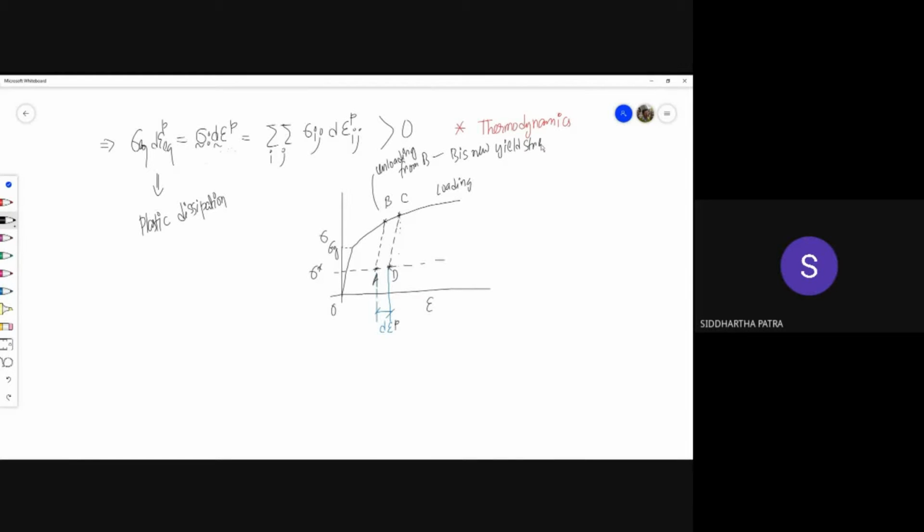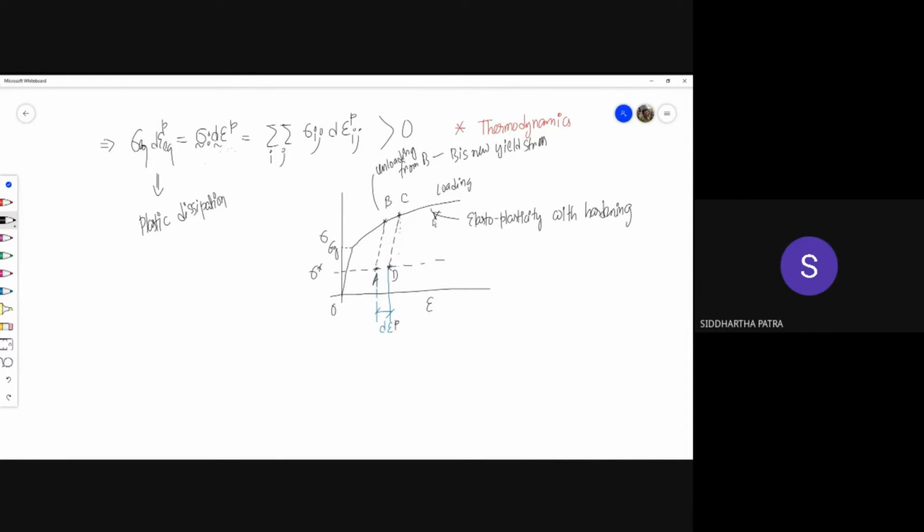You might notice that this is not an elastic perfectly plastic curve. Instead, it's elastoplasticity with hardening, as in, as the strain progresses, the stress also increases.